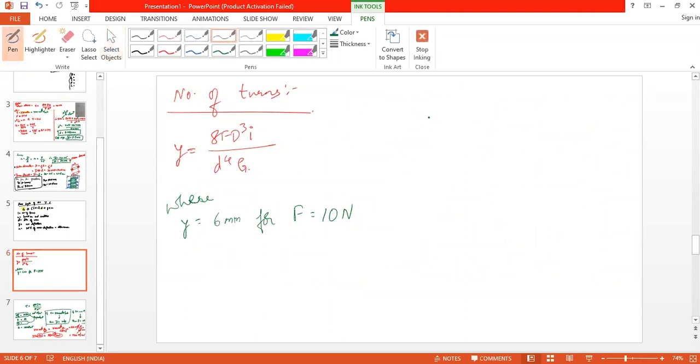So if F is equal to 10, then Y is equal to 6. So if F is equal to 55, then what is the value of Y?